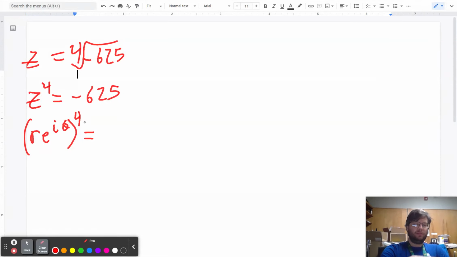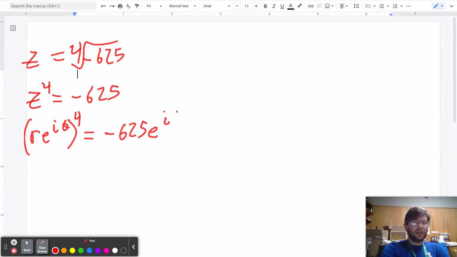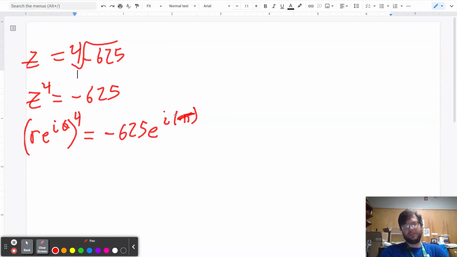I can rewrite the number negative 625 like this: 625 e to the i times pi. It's a half circle, it's on the west side of the circle.